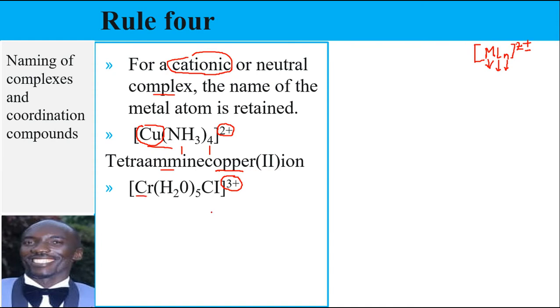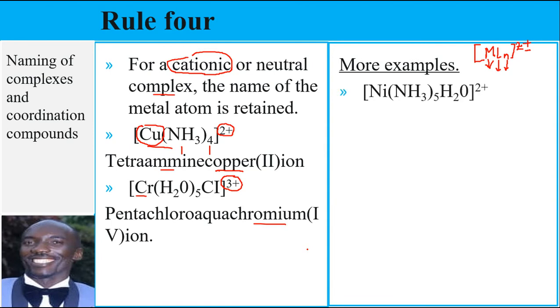So this one becomes pentachloro aqua chromium(IV) ion. If you look at this complex, it has a positive charge. So here we are looking at how it is arranged, and the overall charge on it is positive, so the name is retained.